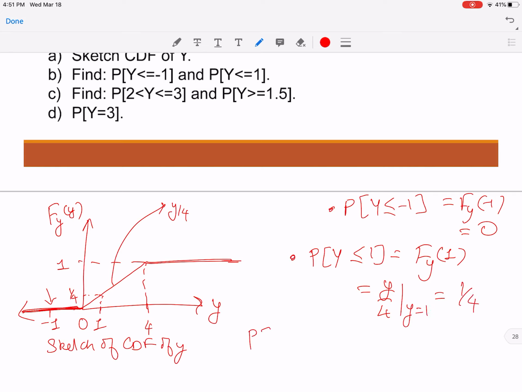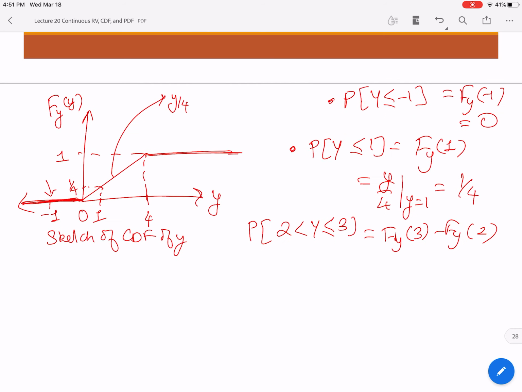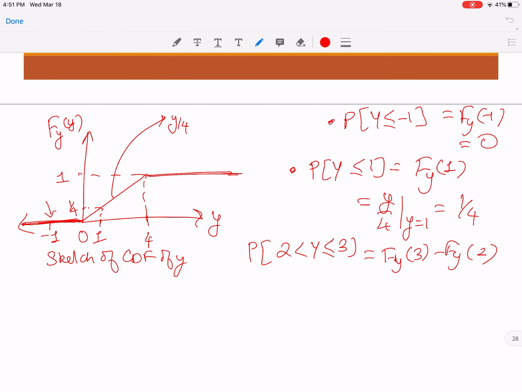To find the probability that y is greater than 2 but less than or equal to 3, you need to subtract the CDF values at the endpoints like this: F of y at 3 and F of y at 2. And this can be obtained like this. Substitute for y as 3 minus substituting y as 2, giving you 3/4 minus 1/2, giving you 1/4.